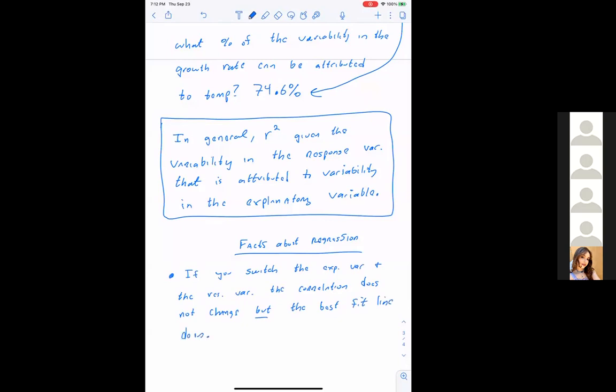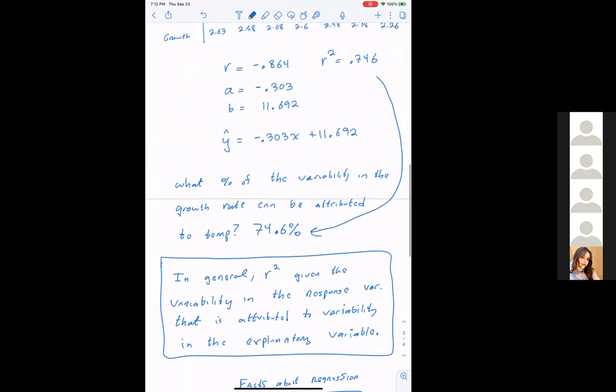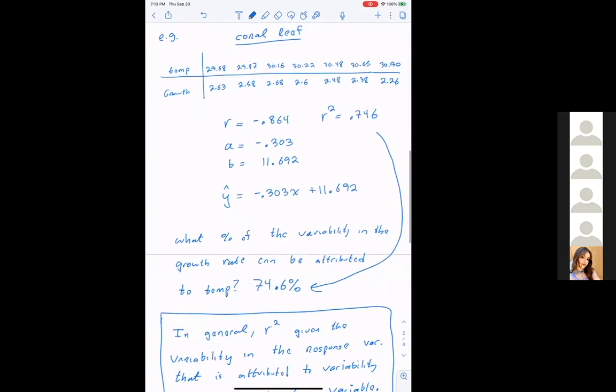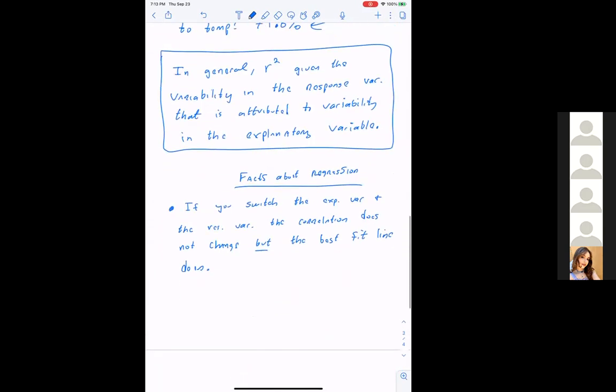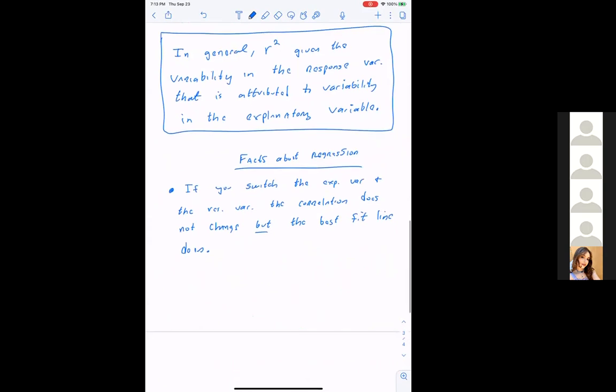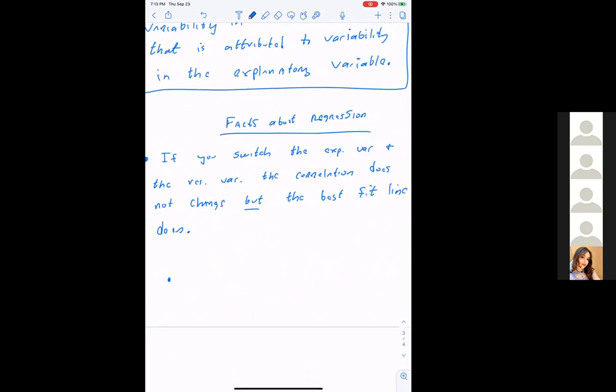You can really see that in the formula for the slope. The formula for the slope of the best fit line has R, which does not change, but has SY over SX. If you switch them, it becomes SX over SY, which will in general be a different slope and therefore give a different line. Is that reasonable? Yes.